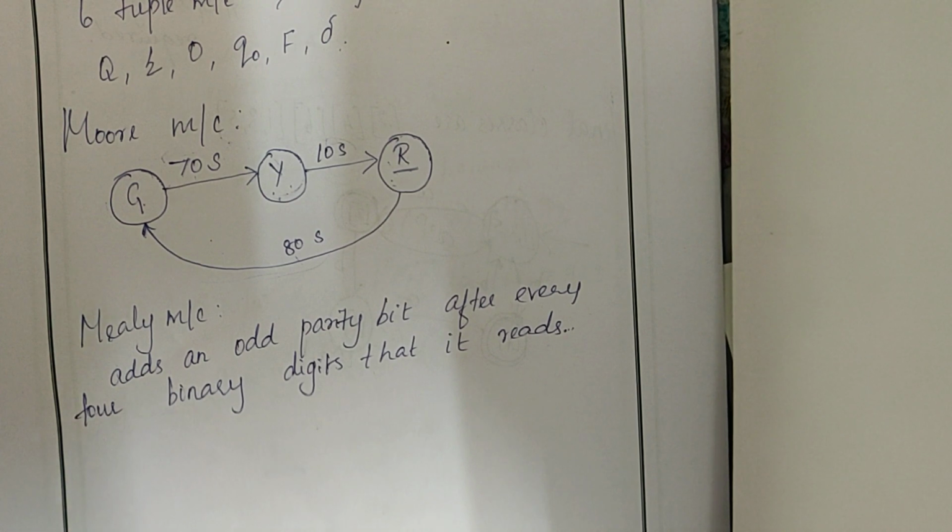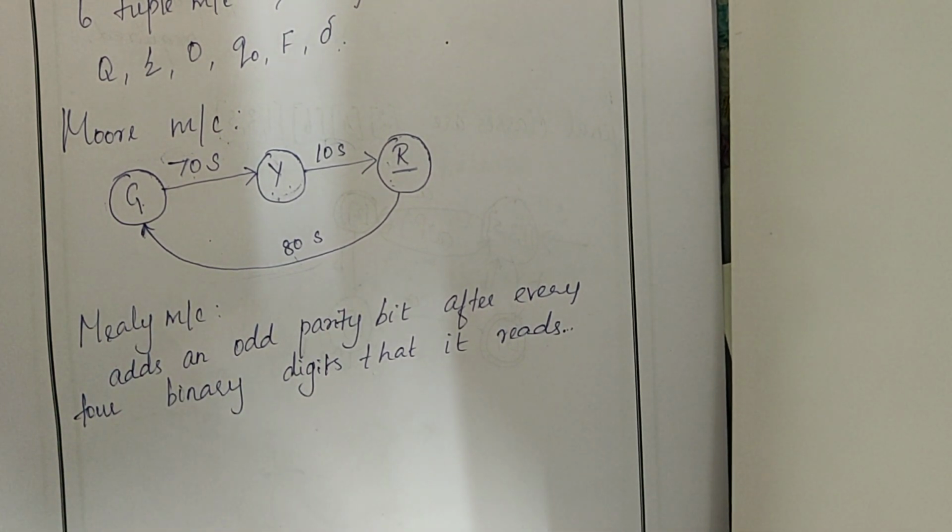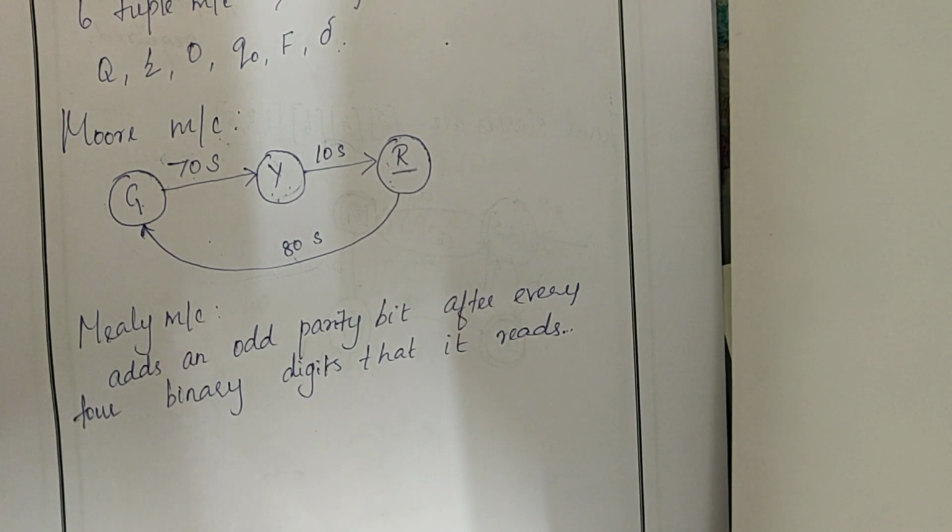It will read a 4-bit binary number. Once these 4 bits are read, it should generate an odd parity bit. So input will be a 4-bit binary number, but output will be 5 bits. How come I got this 5th bit? It is an odd parity generator bit.